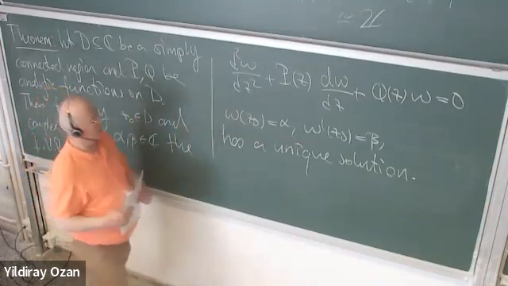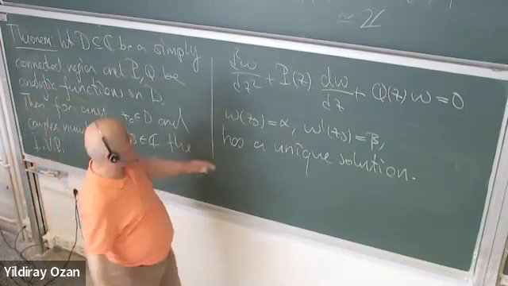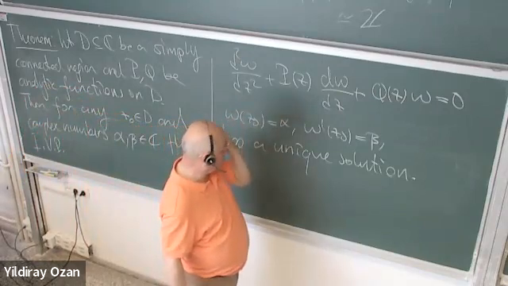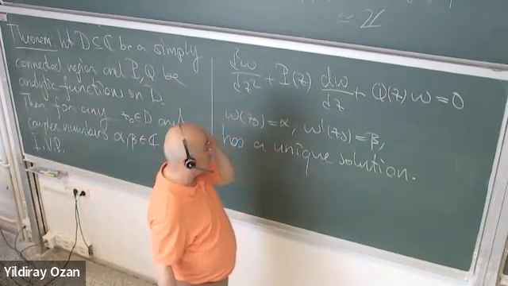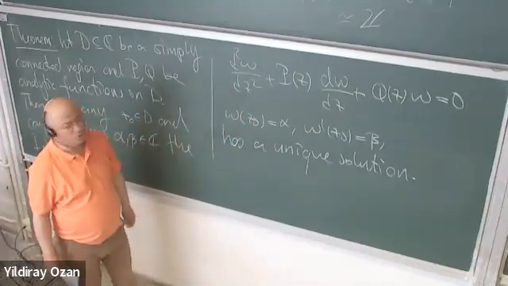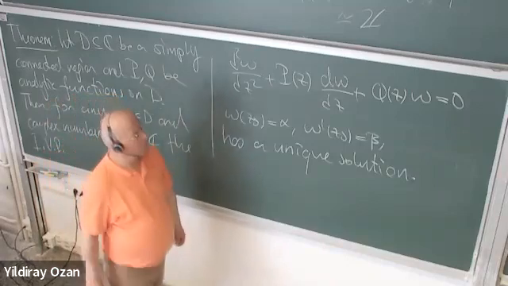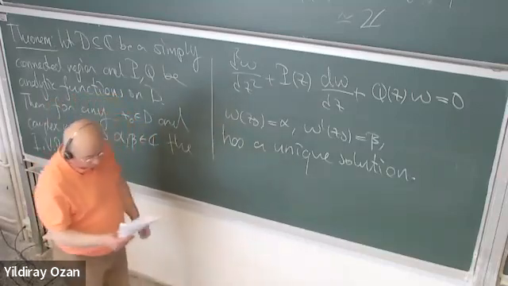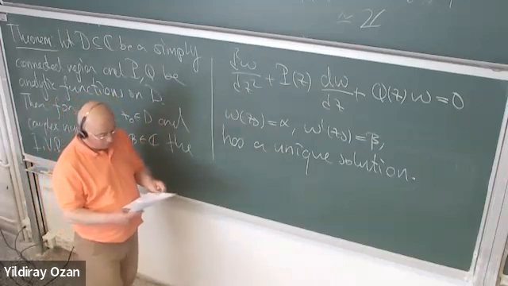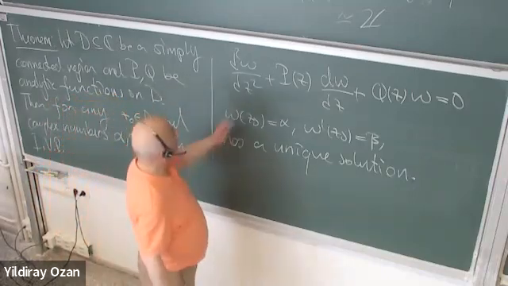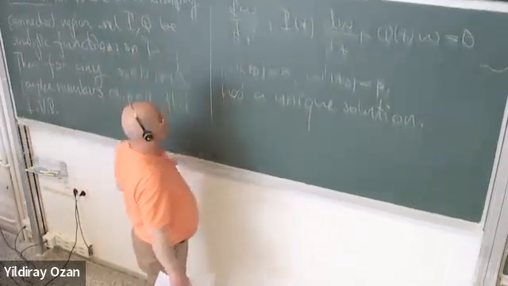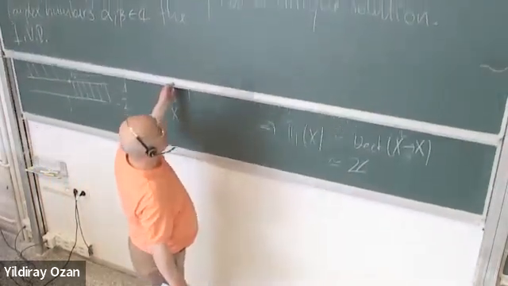And here the coefficient functions are given to be analytic, but you don't actually need analyticity. If they are even continuous, then there's a solution. So we will assume this result from the theory of differential equations.